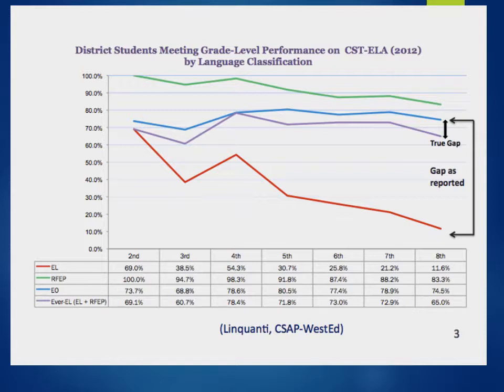So what we are looking at in the red line is a continuing influx of newcomers. How can we ever close that gap when it is always a new group? A more stable group to compare for accountability purposes is all the students that we have ever served in our English language services.